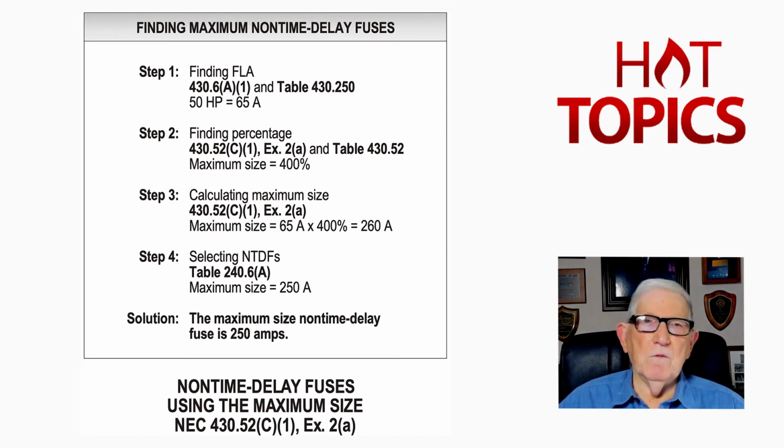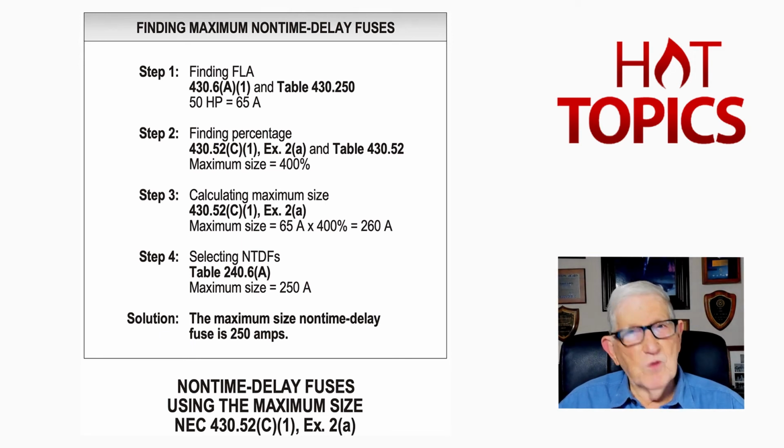And if it was above 100 amps, then you could use 300% times 65 by the exception 2 to 430.52C1 here on page 318. Now, let's just look at that at the next illustration.